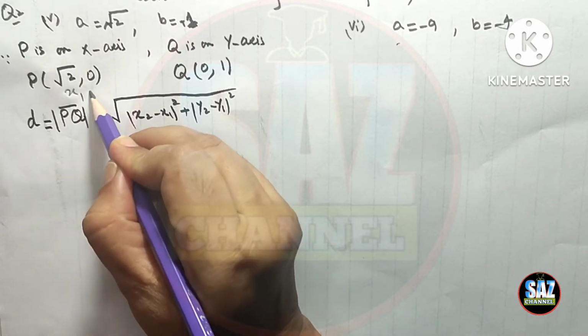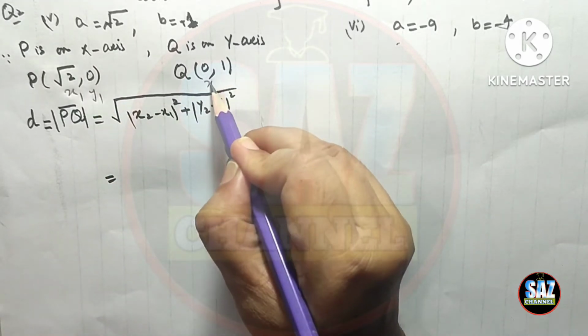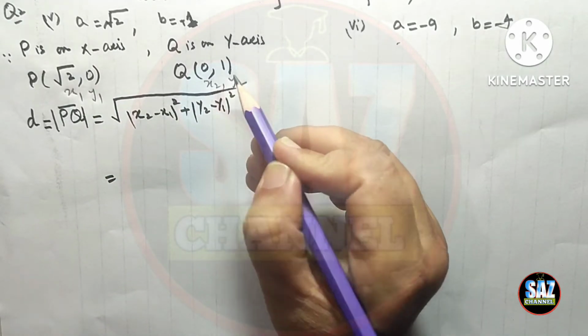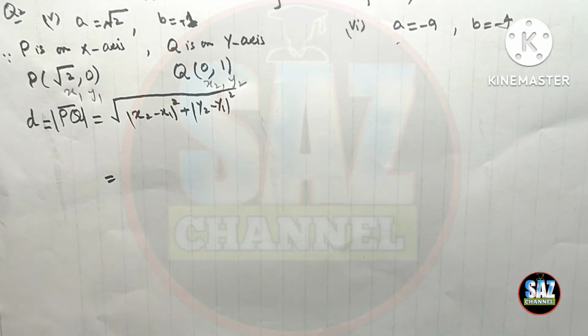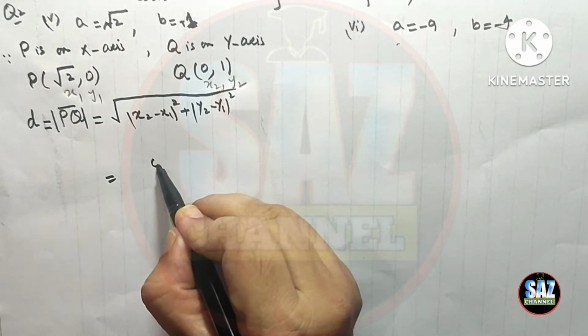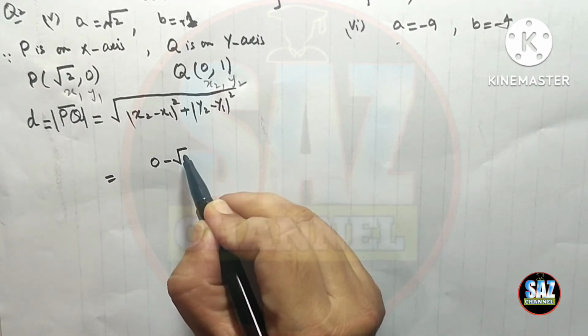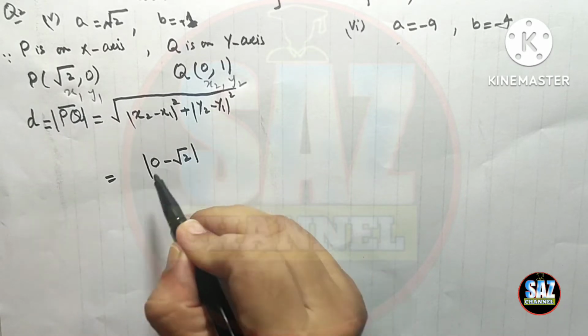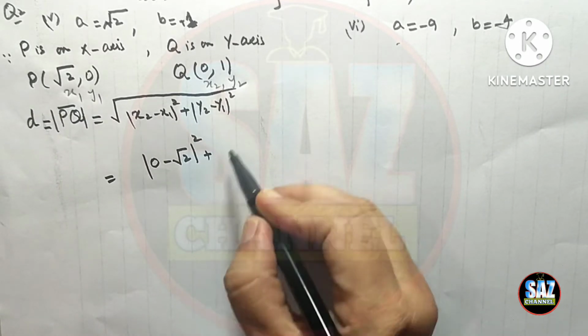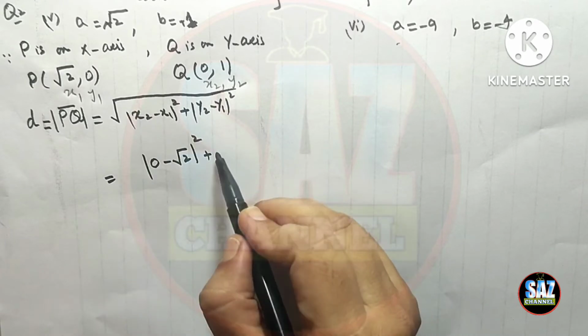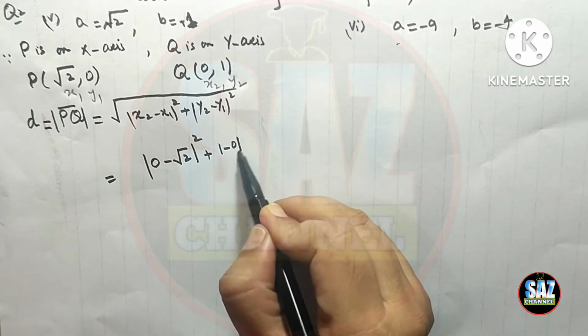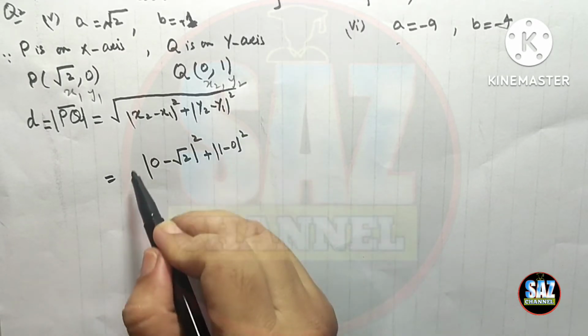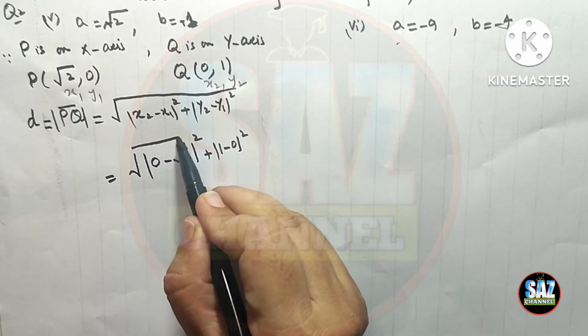y1 and x2 y2, and this will become 0 minus under root 2 whole square plus 1 minus 0 whole square, and then I have to put the square root at the top.